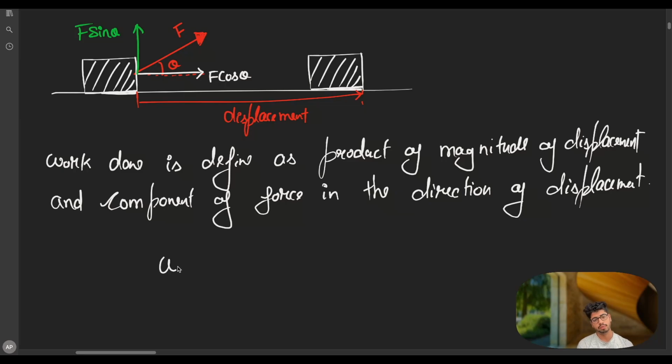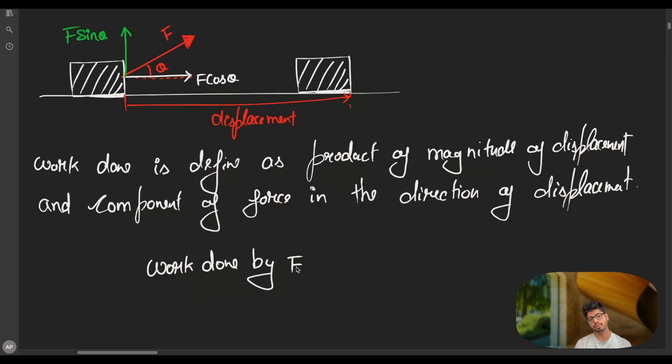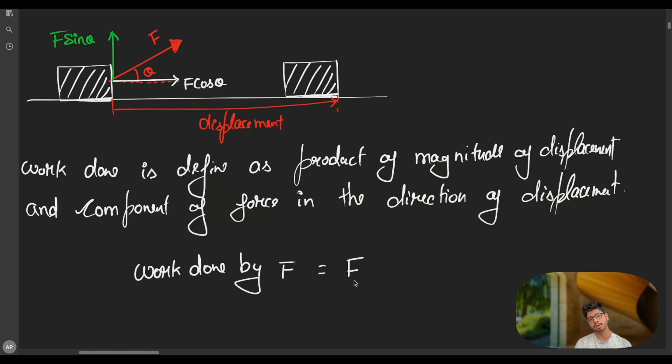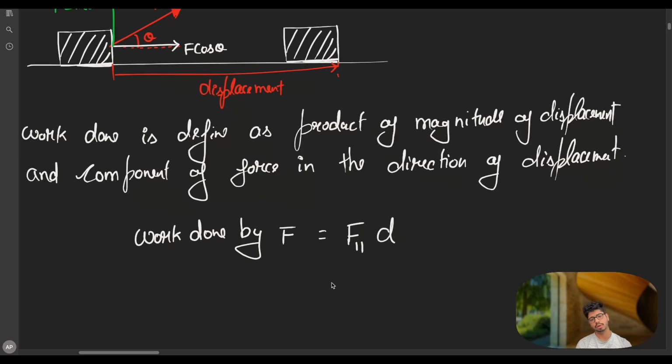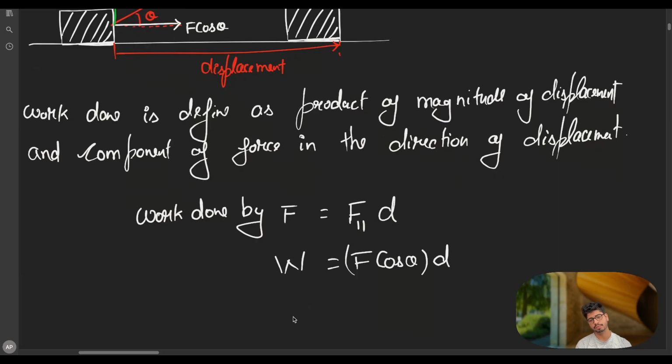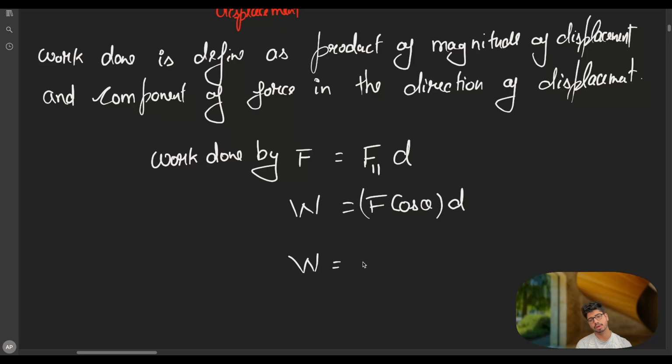So the work done by a constant force F is equal to F parallel, the component parallel to the displacement, times D. That parallel component is F cos theta, so work done is F D cos theta.